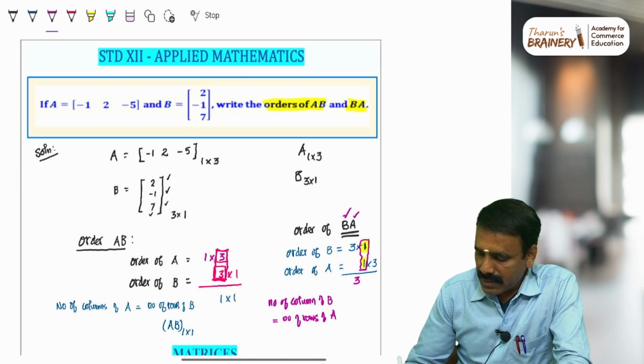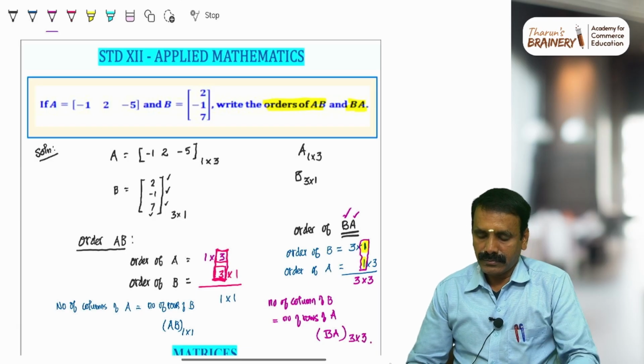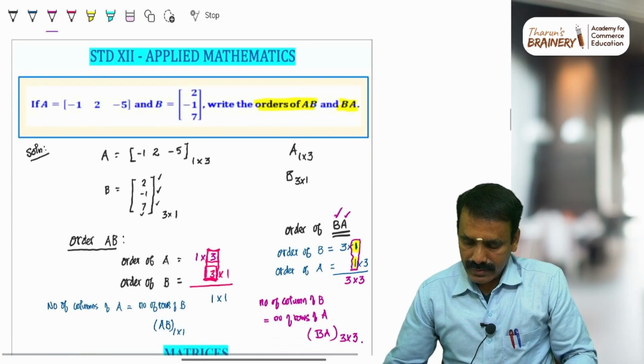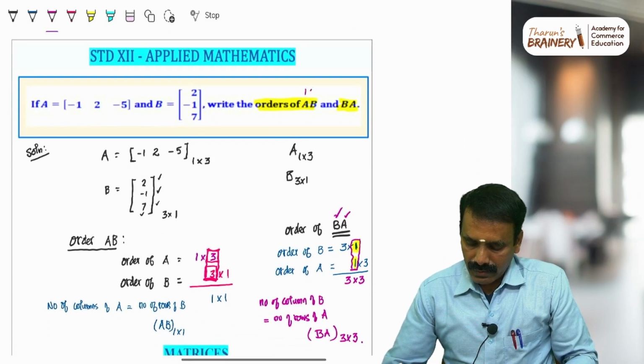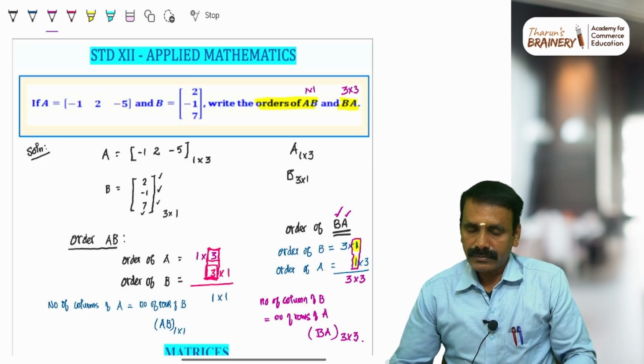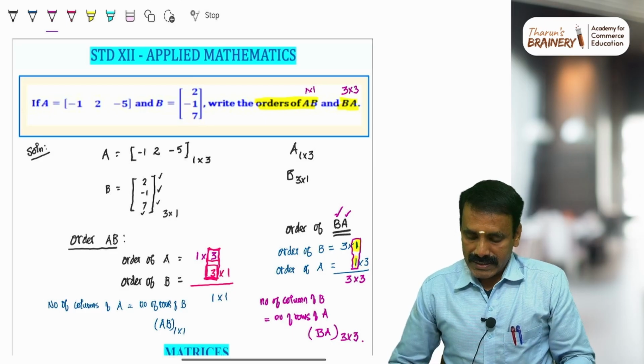The resultant matrix will have the order 3 by 3. So BA is going to be of order 3 by 3. The order of AB is 1 by 1, and the order of BA is 3 by 3. So this is how we find the order of the product of two matrices.